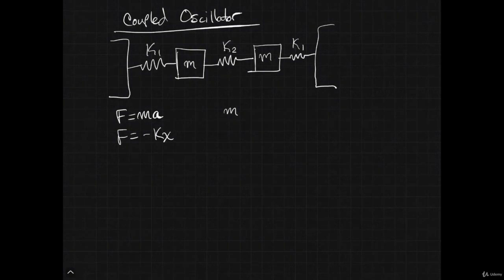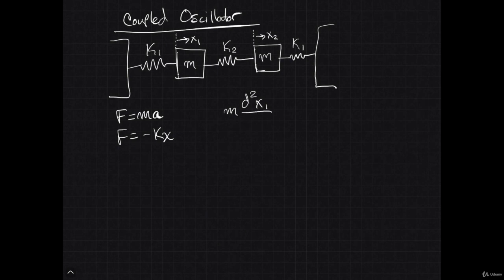So you have m times d squared x1 over dt squared, where x1 once again is the displacement of this mass in the positive direction, and x2 is the displacement of this mass in the positive direction. So this is our x1 and x2. I talked about that in the last video.